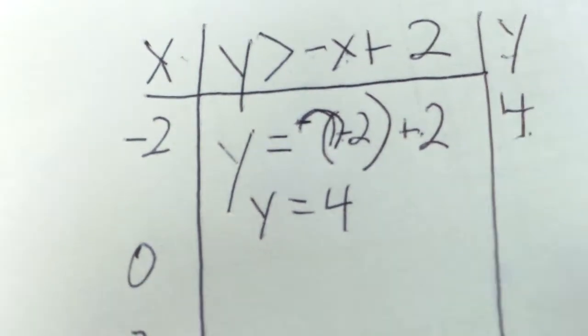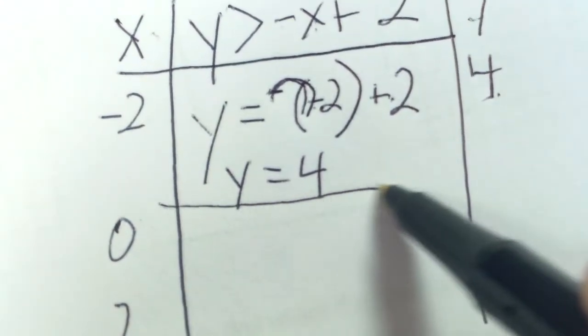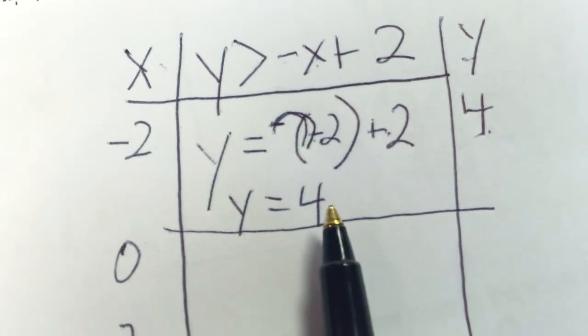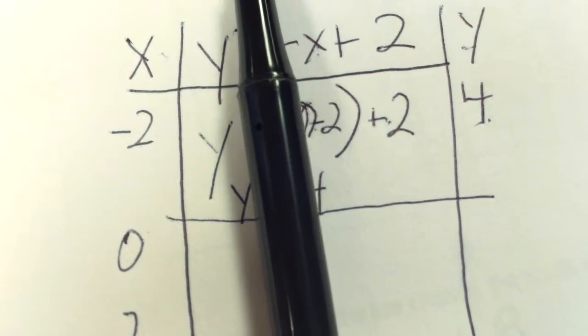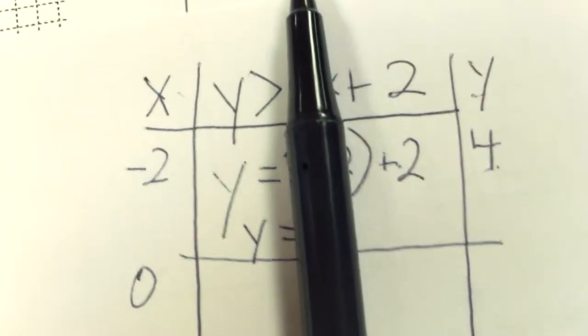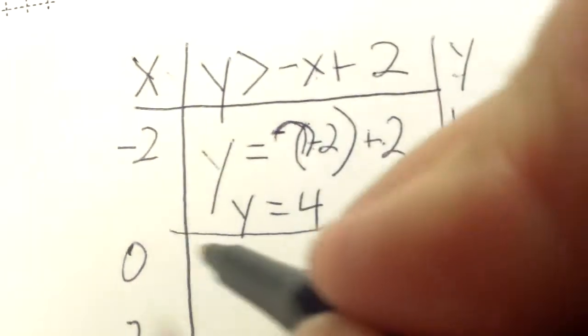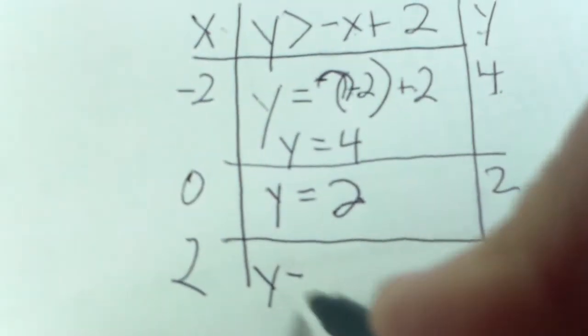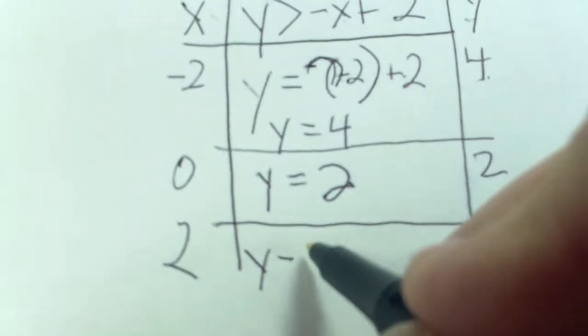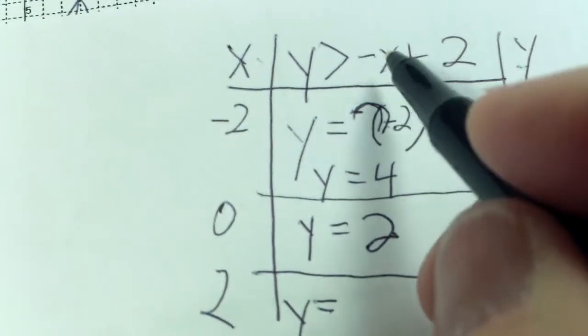There's my first point. If x is 0, -0 is still 0. 0 plus 2 is 2, so y equals 2 when x is 0. If x is +2, then y equals negative whatever x is. We're going to make it negative.